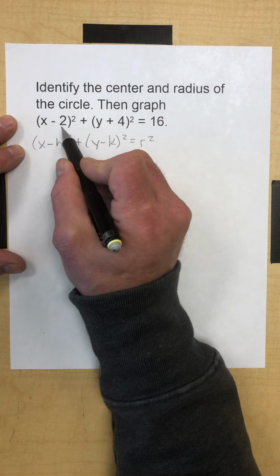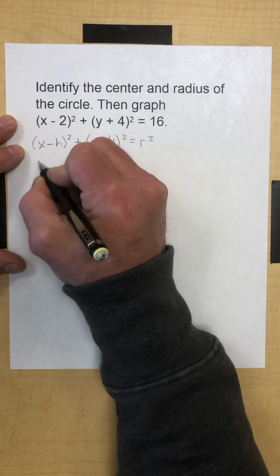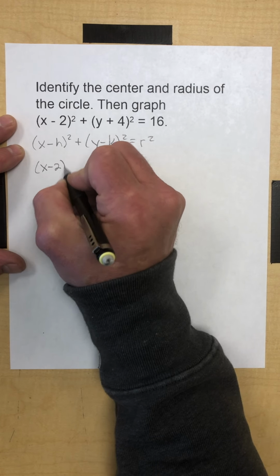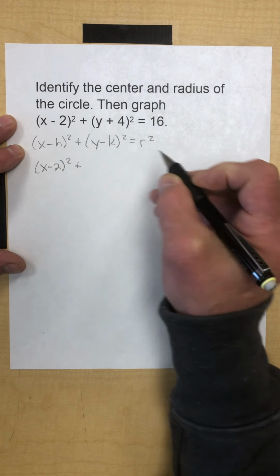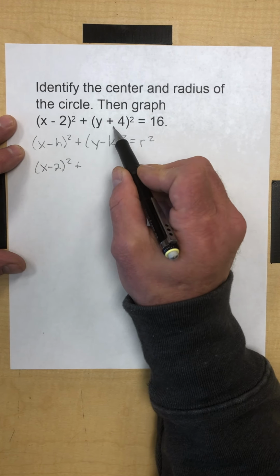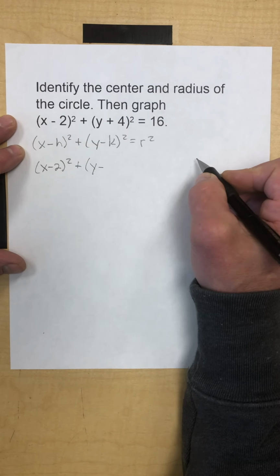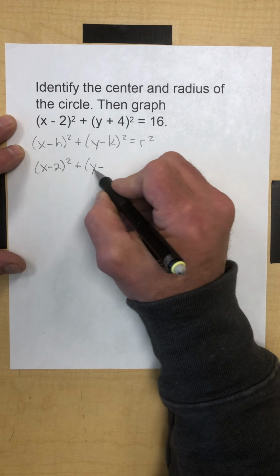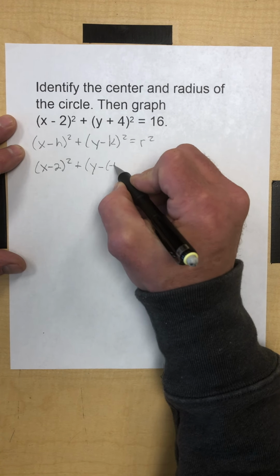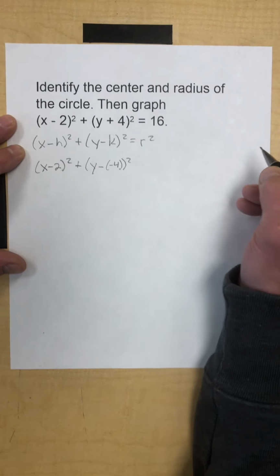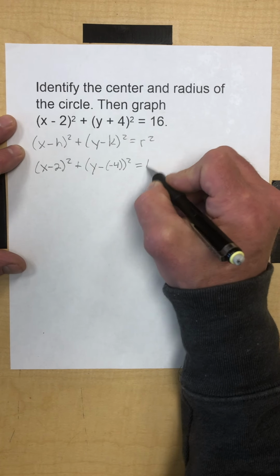So my x minus 2, that would be my x minus h. Plus y minus k, but this is y plus 4, so I have to write it as y minus something. So y plus 4 would be the same as y minus a negative 4, squared, equals our 16.